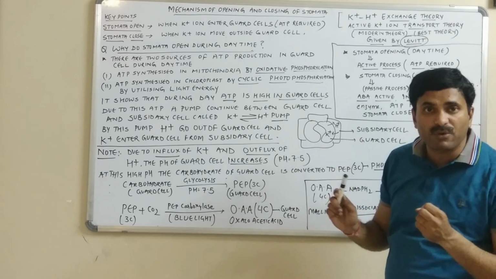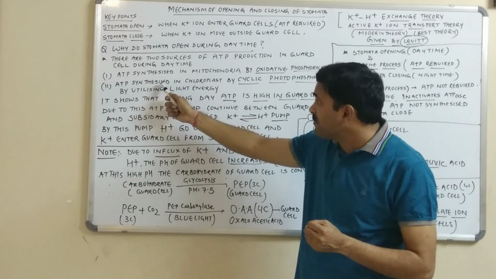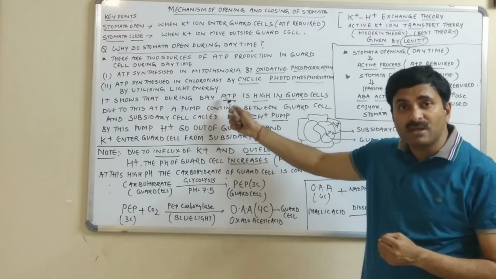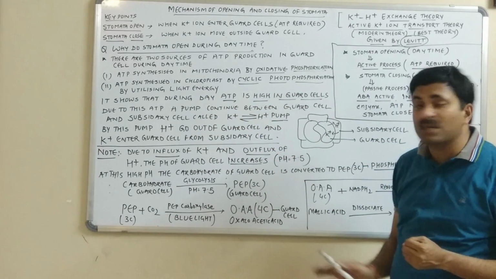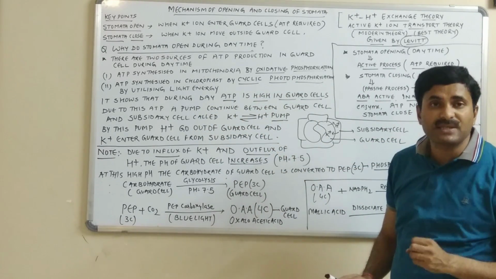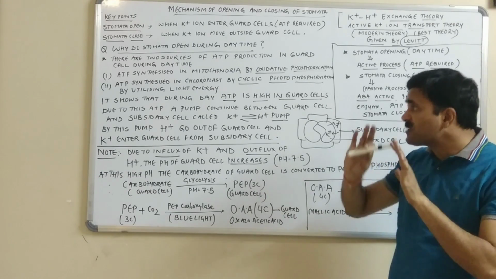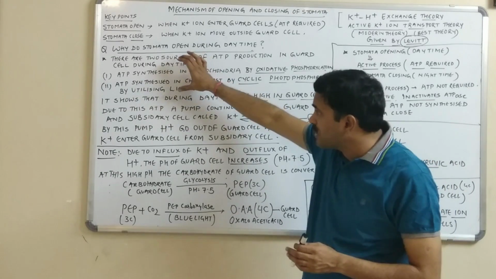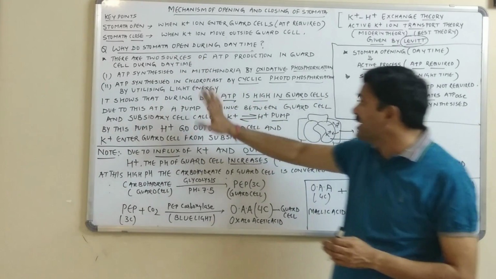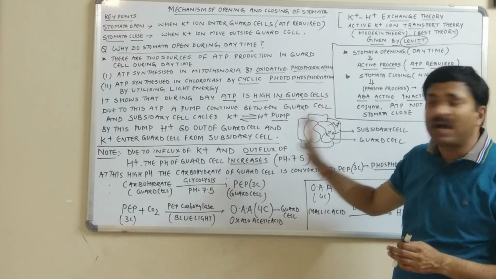And ATP is also synthesized in the chloroplast by cyclic photophosphorylation, utilizing light energy or solar energy.